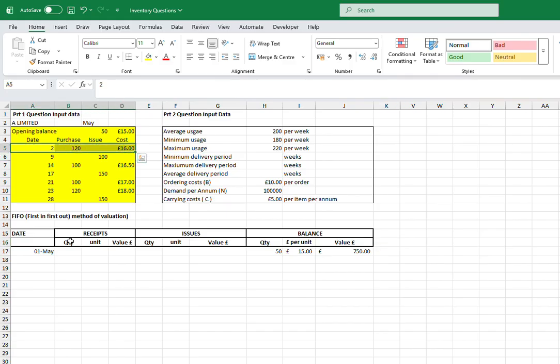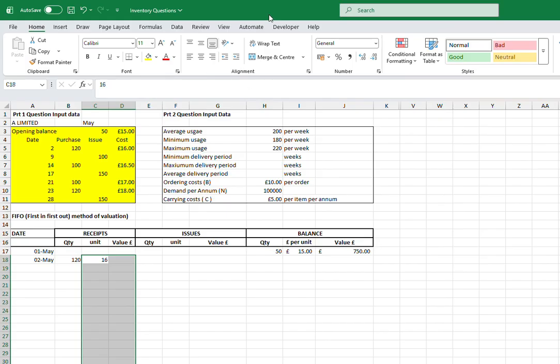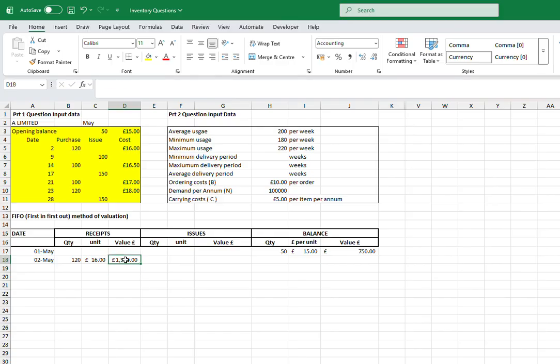And then on the 2nd of May, they purchased 120 more of these items at £16. So the price has gone up. The total cost of that receipt is 1,920.